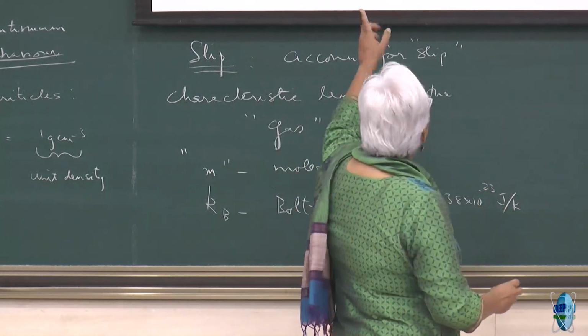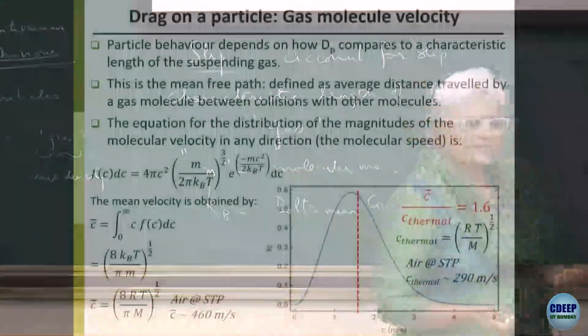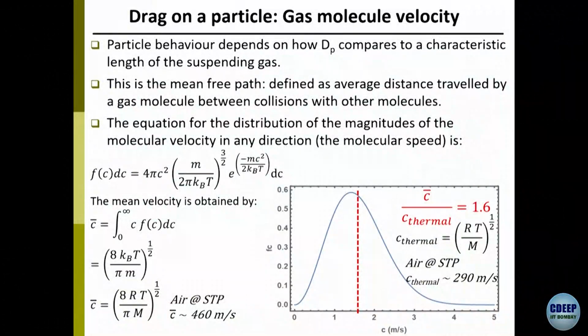So, once you start seeing things that look like this, you know that somehow kinetic theory is coming into play. So then we go ahead and calculate a mean velocity of the gas molecules, which is (8RT by pi m) to the half, or (8 kBT by pi times the molecular mass) to the half, and we note that this bears a relationship to the thermal velocity, which is induced by the temperature itself.